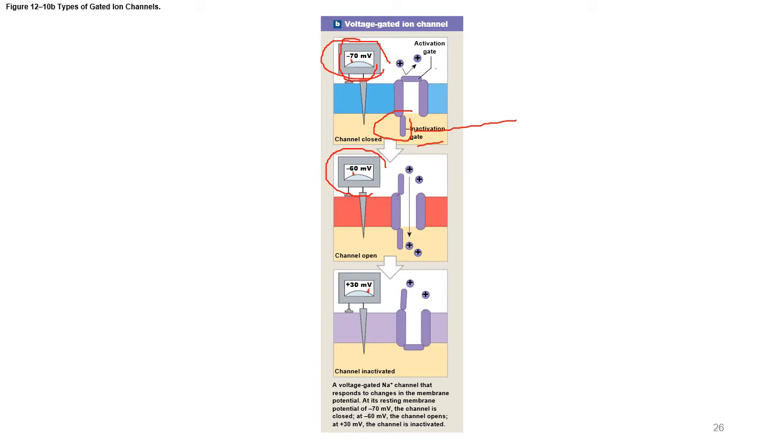It opens the activation gate, and sodium ions can now rush in. It creates a more positive membrane, depolarizing the membrane. Sometimes it depolarizes so much that it goes too positive, to +30. Then the inactivation gate closes to protect it from going any further.